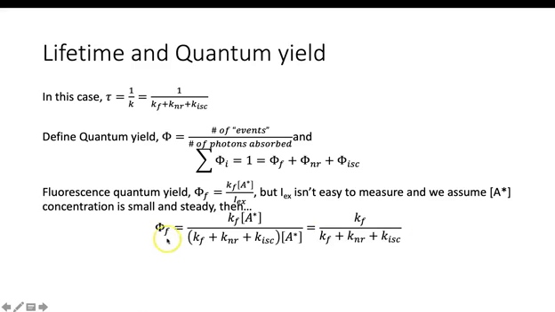Then our fluorescence quantum yield is related to the fluorescence divided by the decay constants. We can remove these because they're constant and divide out, and we end up with this ratio of kf over the sum of all of the ks. So our lifetime is the quantum yield over the fluorescence rate constant. If we can determine our lifetime and our fluorescence rate constant, we can know the quantum yield of our system.